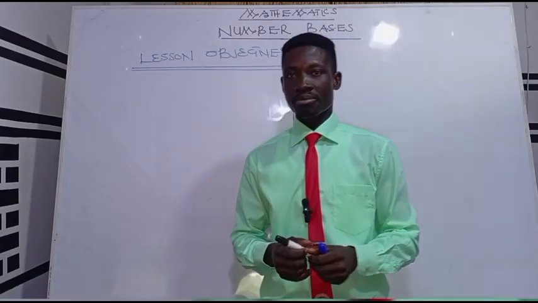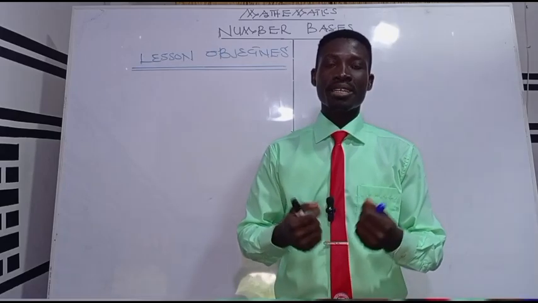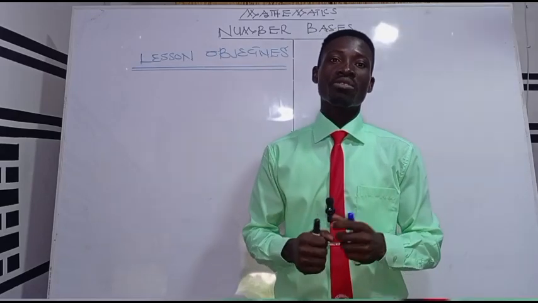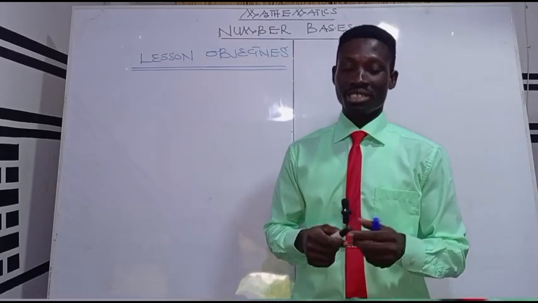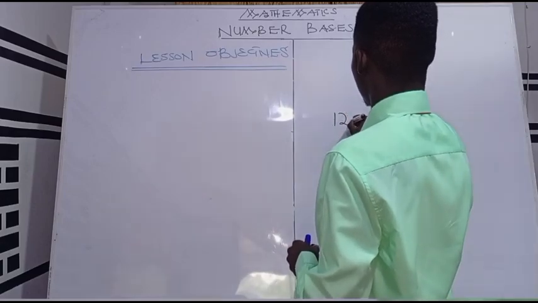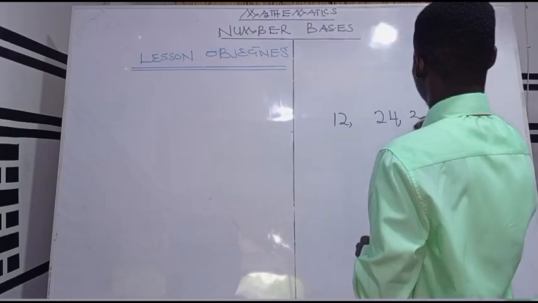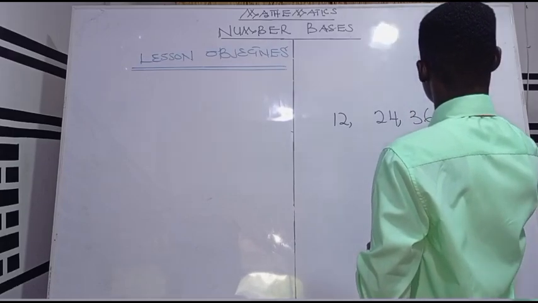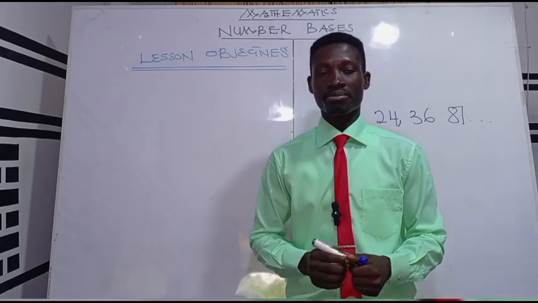Number bases. Usually, numbers are written in base 10. Examples of these numbers are what we already know. So examples of such numbers are, let's take it that you have 12, 24, 36, 81, and so on and so forth.